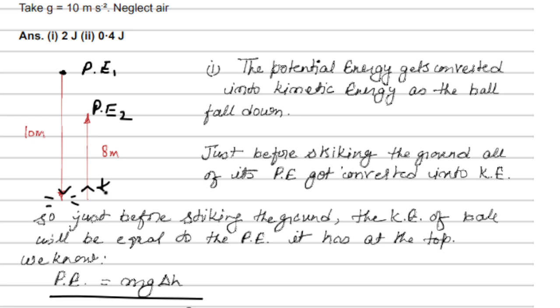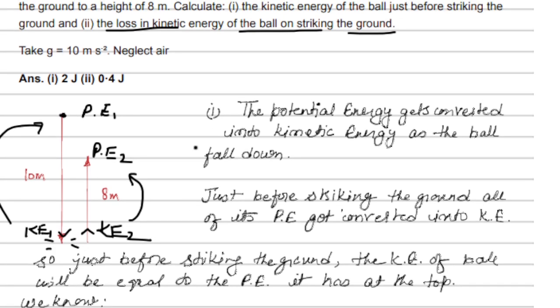Whatever the kinetic energy going upwards after the strike has to be equal to this. And whatever the kinetic energy KE1 we had before striking came from the potential energy before. So if you want to find the difference, that is the loss of kinetic energy, which is what they're asking.